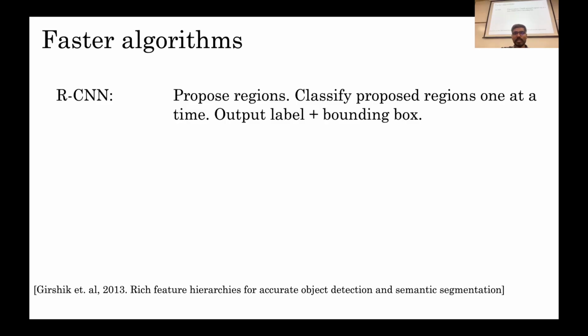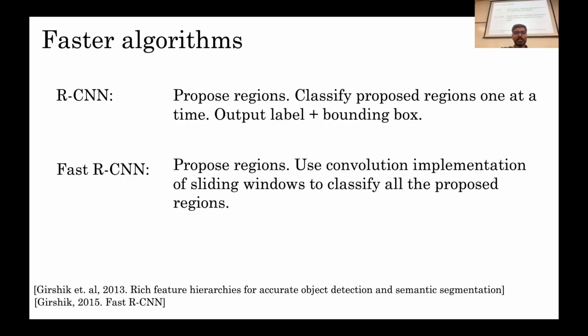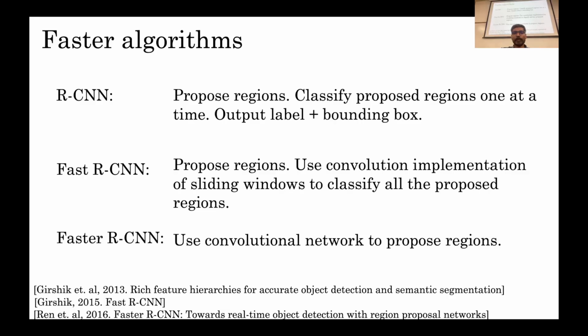That's why it was a very slow algorithm. In the next version, they used the convolution implementation to classify all the proposed regions at once. Here they used convolution to do the parallelization, and there is an algorithm called Faster RCNN, where they use the convolutional network to even propose the regions. That is another level of parallelization, and that's why it became even faster.